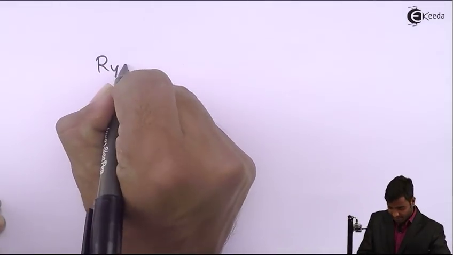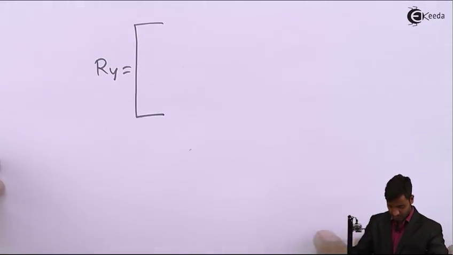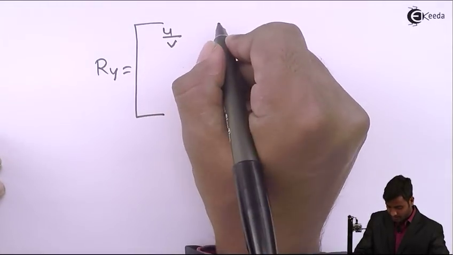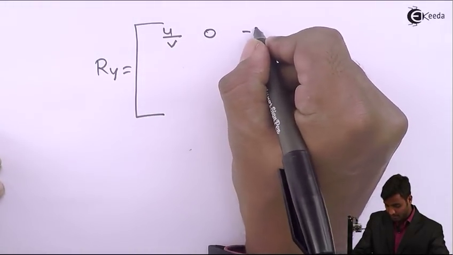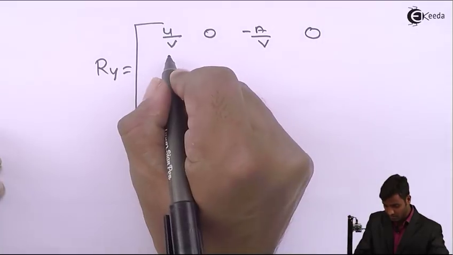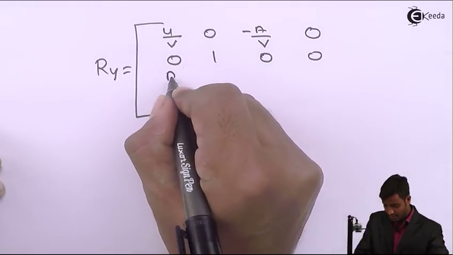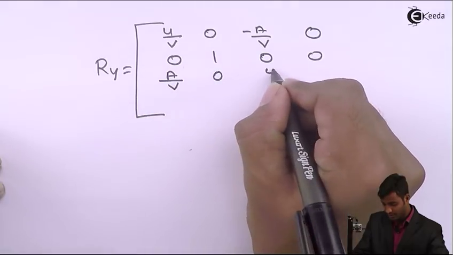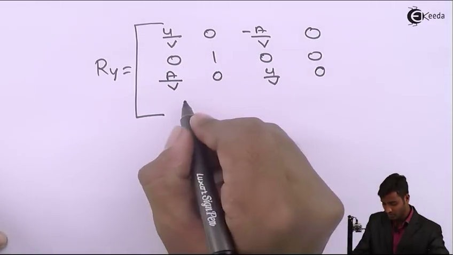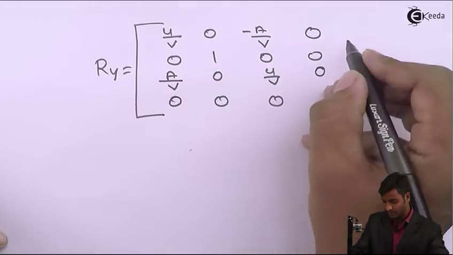So the matrix Ry will be: u by v, 0, minus a by v, 0; 0, 1, 0, 0; a by v, 0, u by v, 0; 0, 0, 0, 1.